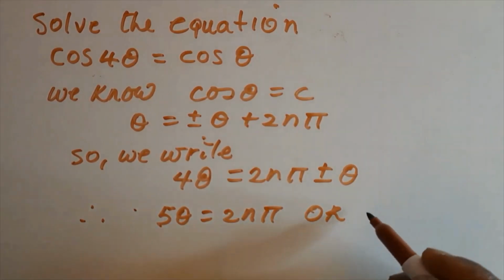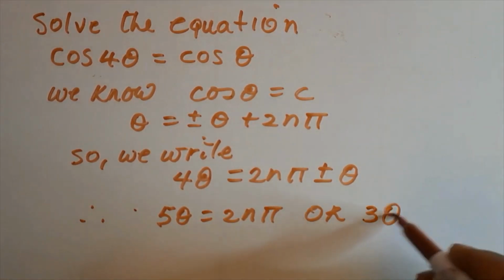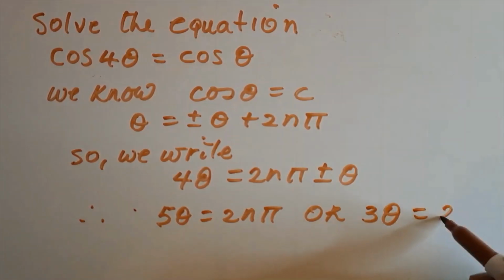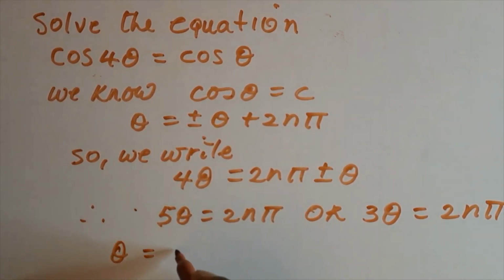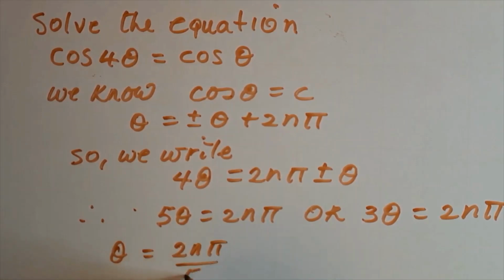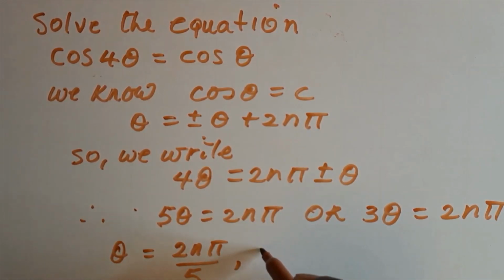When we take it to the other side, we have 3 theta is equal to 2n pi. So now we have theta can be equal to 2n pi over 5, or we can have theta being 2n pi over 3.